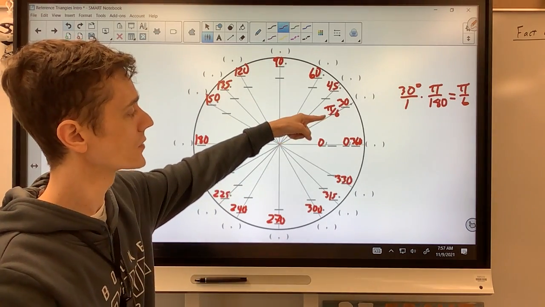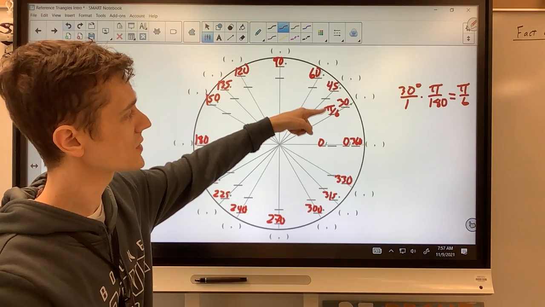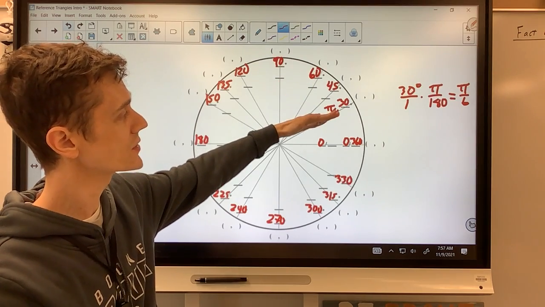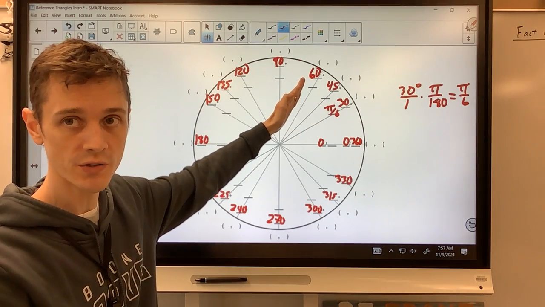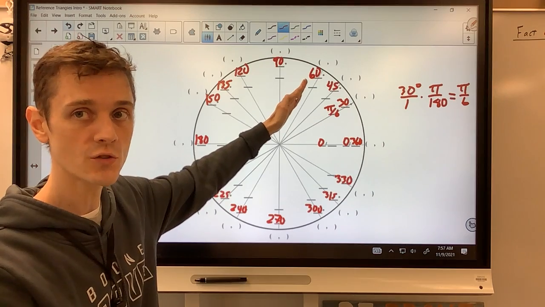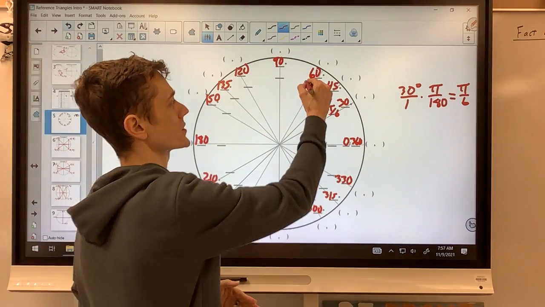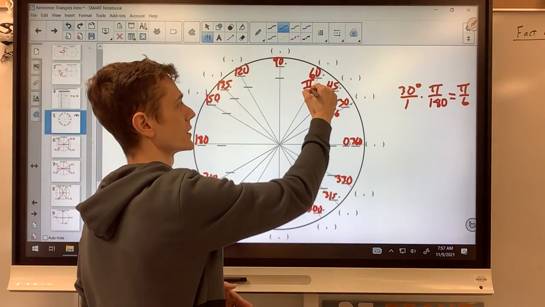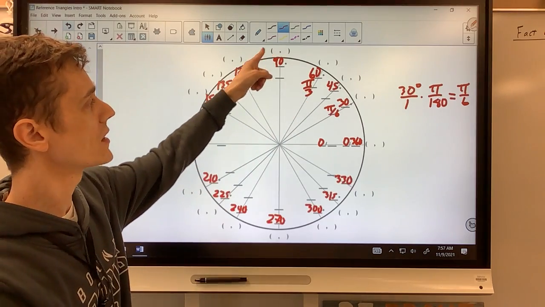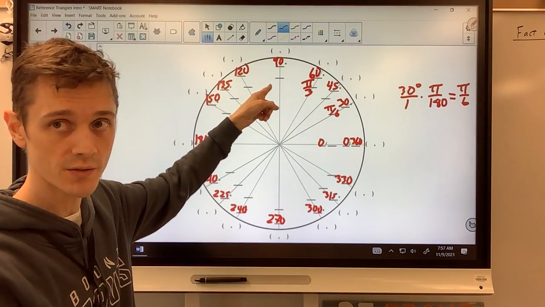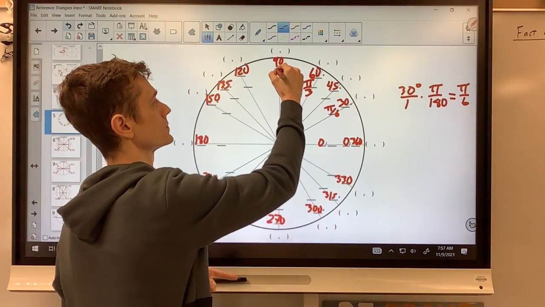So I have 1 pi over 6. Well, two of the smaller gaps combined makes another 30 degrees. So that's 2 pi over 6, but we want to reduce our fraction. So 2 pi over 6 is equal to pi over 3. And then this one would be another big gap, so that's 3 pi over 6, but that fraction can be reduced.